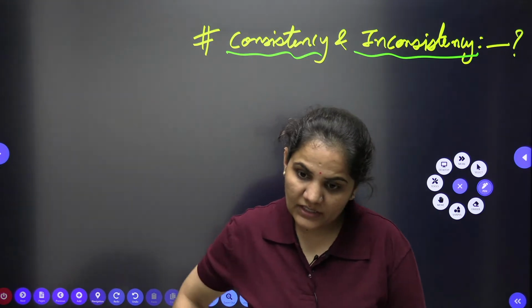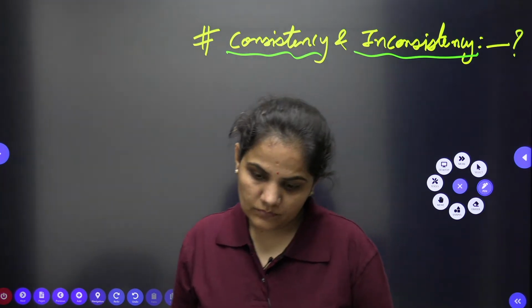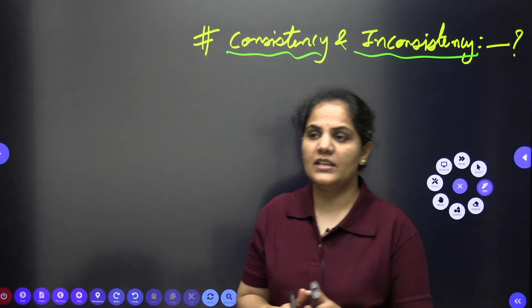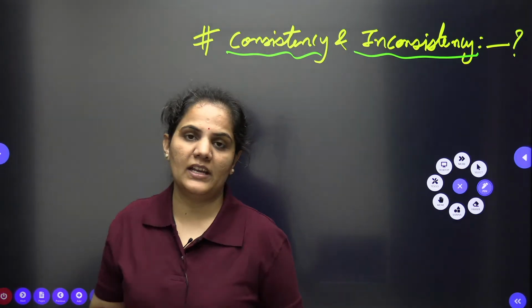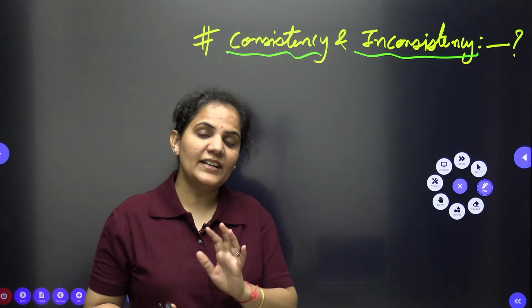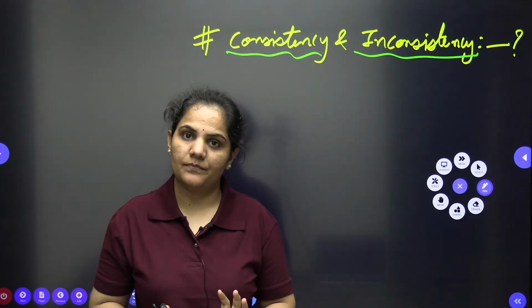Okay, now what is the meaning of consistency, beta? Let's talk in very simple language. Any system of equations is said to be consistent if it has at least one solution.